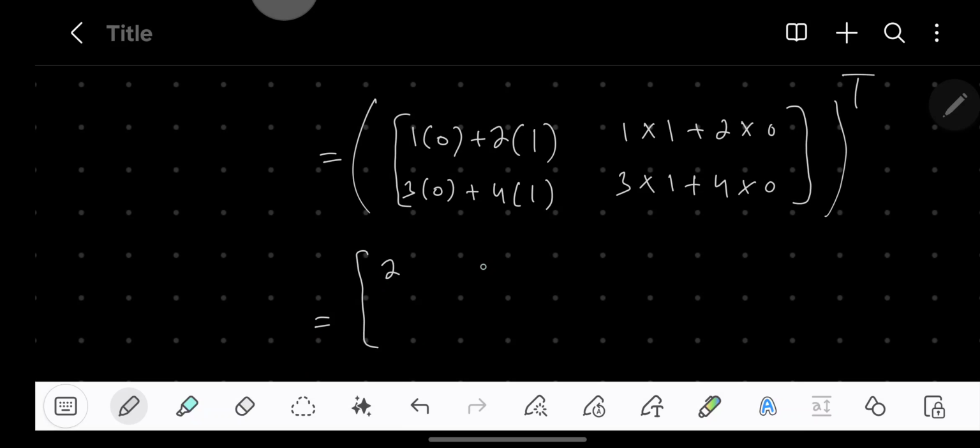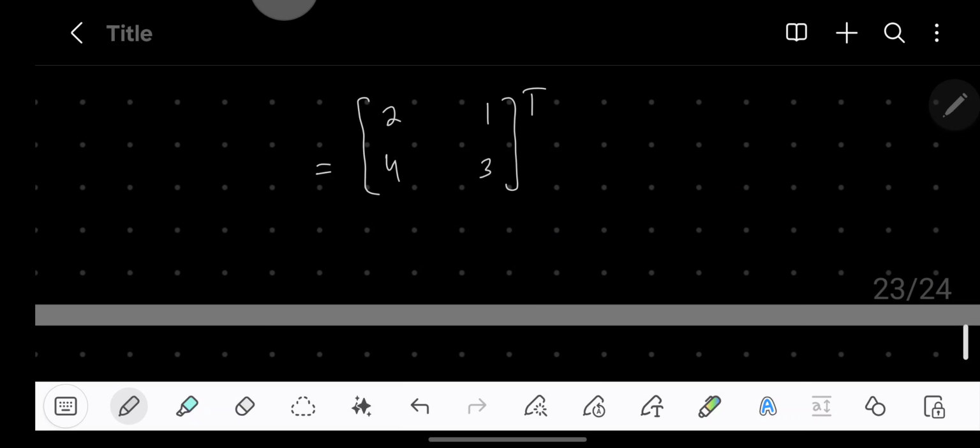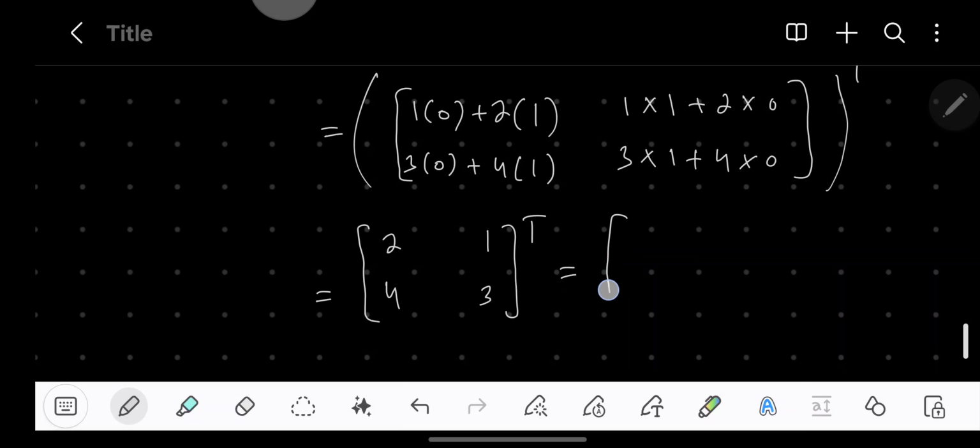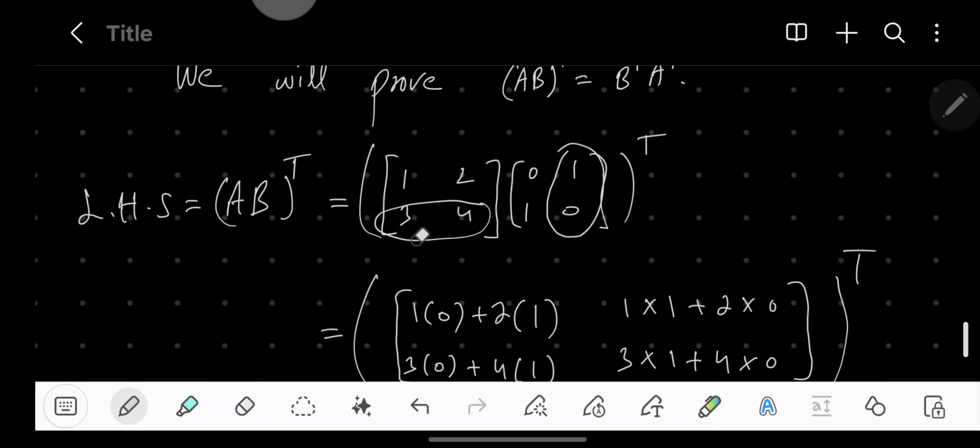So this is 2 and this is 1, this is 4 and this is 3. Now you have to take the transpose. If you take the transpose, this row will become the first column and then this row will become the second column. Okay, so this is the left hand side.